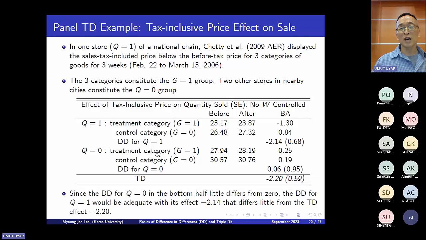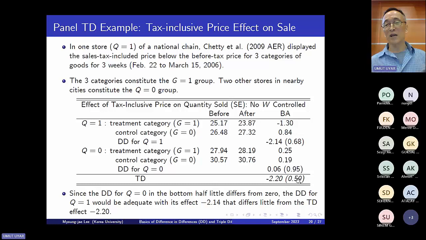Now you go to the control group, 2 other stores in nearby cities. So this category, if you look at before and after, almost no change because nothing was done in these stores. In the control group, again, almost no change. And DD for this control group is 0.06. So you have 2 DDs and triple difference is this DD minus this DD, minus 2.20.